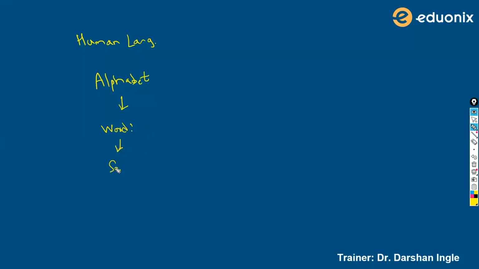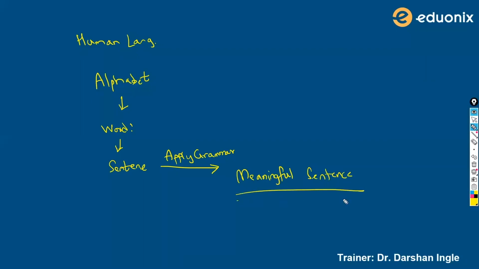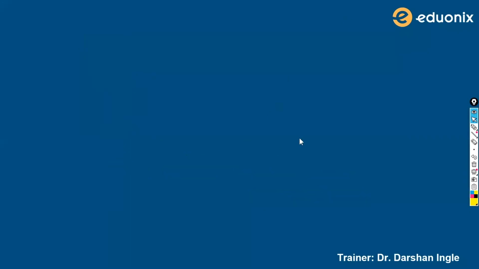Next, we learned what a sentence is, which is a combination of words. And ultimately, we learned grammar, which we really require today also, to make a meaningful sentence, because just forming a sentence is not sufficient. NLP also has a challenge as to how to make a sentence meaningful to the human being, right?